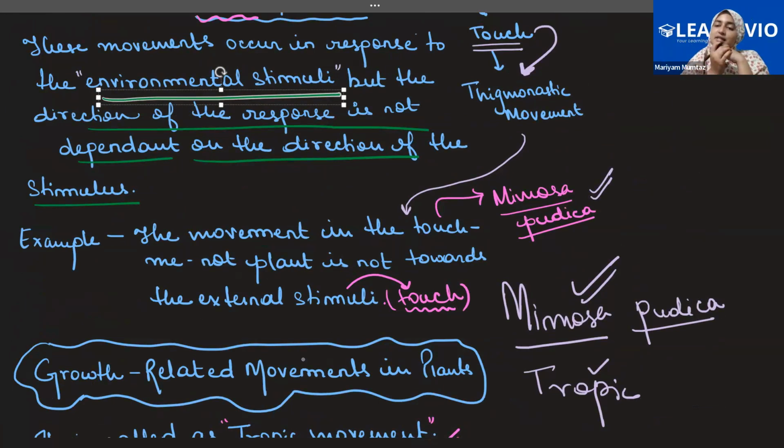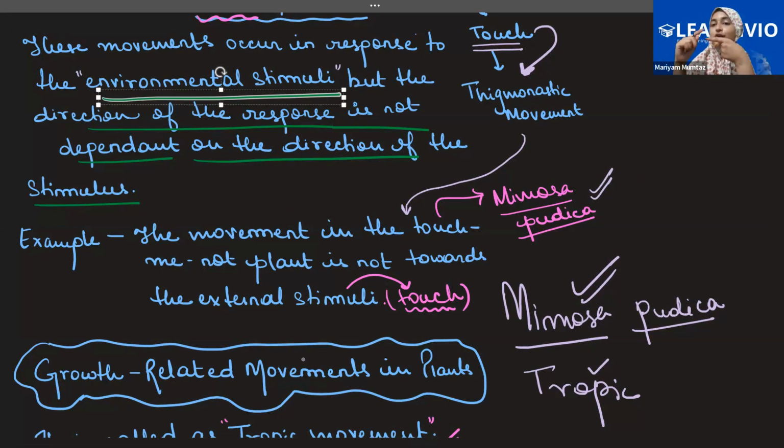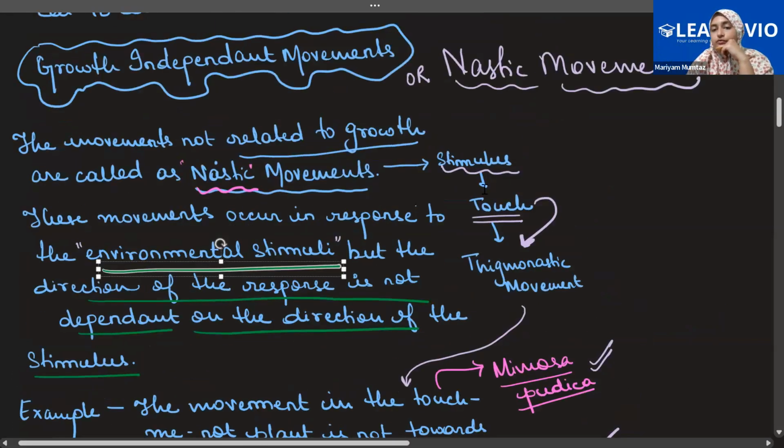The external stimulus is you touching it, the touch is the stimulus. Now, had it been towards the stimulus, if you touched it, it would maybe bloom or open towards you, but what it is doing is closing from you, right? So this kind of response is not in the direction of the stimulus, the touch that has been provided to it. So this kind of movement is what we call a nastic movement.